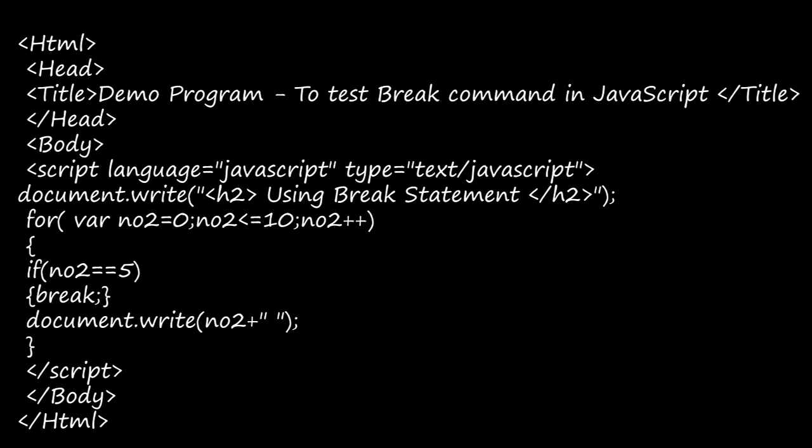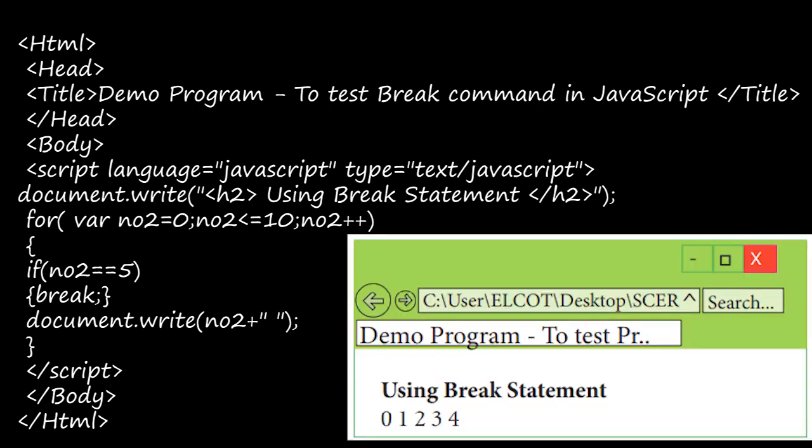Each time this for loop will give one value, and no2 will start with 0 and end at 10. Here, if no2 is equal to 5, break. That means it will stop at 5. So the loop will be terminated at 5.